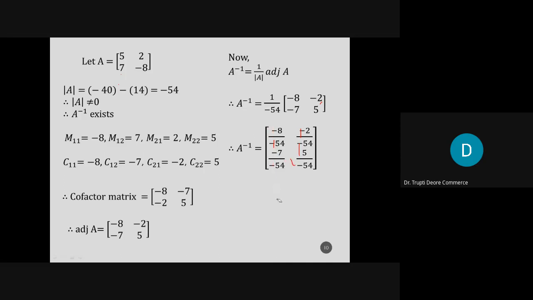So let's check out the simplification. जिथे डिव्हिजन पॉसिबल आहे तिथे तुम्ही डिव्हिजन करा. नाही केलं, ऍज इट इज ठेवलं, सेम तरी काहीच फरक पडत नाही. जस्ट यू हॅव टू चेंज द साइन्स. हे मायनसचं प्लस झालं 8/54. हे मायनस मायनस इथे प्लस झालं, 2 ने 54 ला डिवाइड होतं. सो 1 divided by 27, and the last one, 7 and 54 both are minus, so it becomes plus. This is 5 divided by -54, so it becomes a minus. It remains minus as it is.